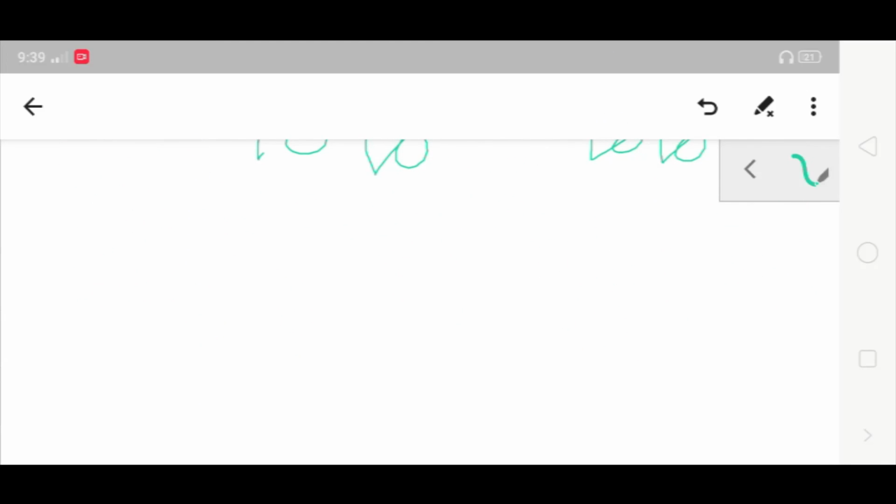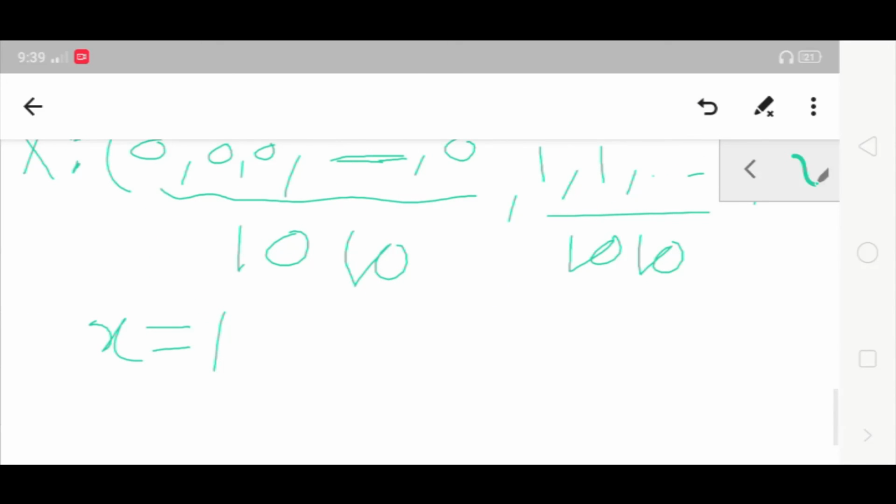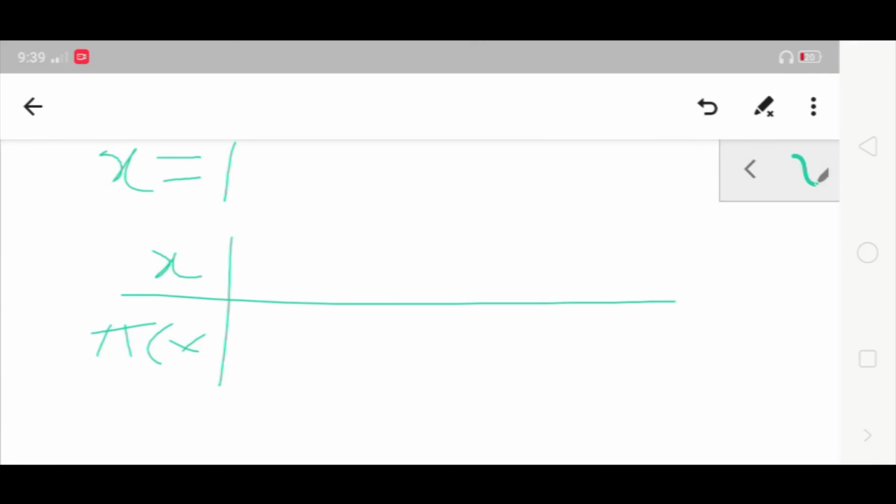Now I have previously mentioned that there is another case when x equals 1 and pi of x equals 2. So let me put that here. Again, x equals 1 and pi of x equals 2, and similarly for the rest.